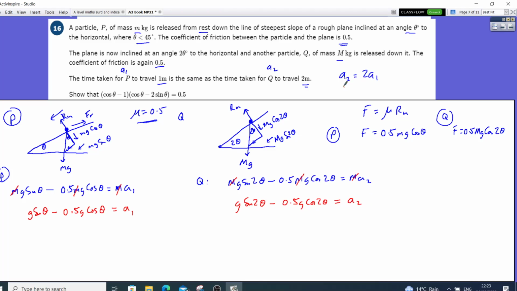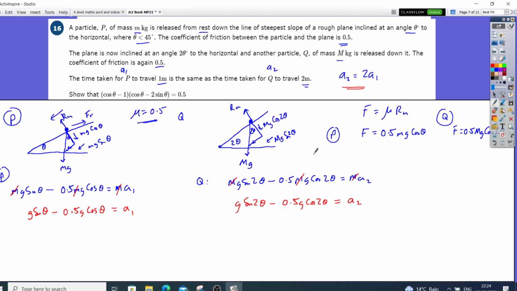Now we know this fact that this is twice as that. Okay, so now we can change this, so we could bring that in and double that. I'm just going to use a different color so we can link this all up.